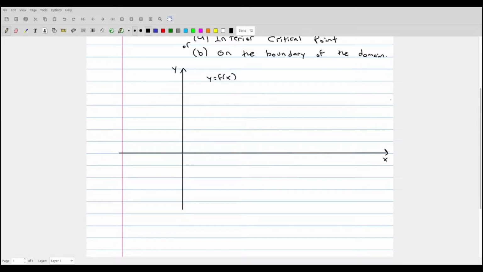So we have some function of x, and we have an interval from a to b, and the function of x starts here at a, at this point right here, and then maybe looks like this, up until b, where it hits this value, and then it's right where we're considering maximizing and minimizing the function on this interval from a to b.